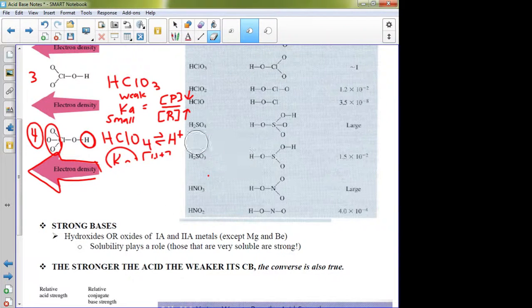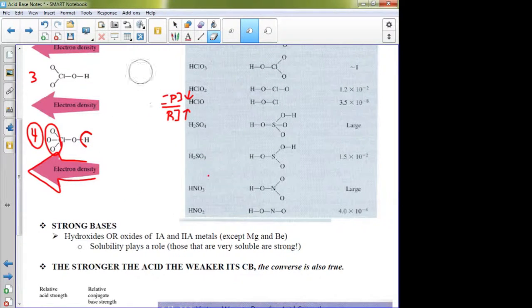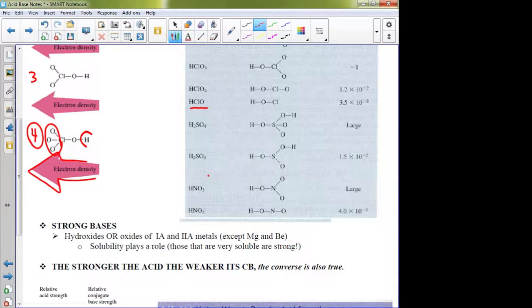I'm going to erase this right quick so we can do the chart now, because I wrote all over my board. So if we look at this, let's look at your HClO. Look at the Ka value of your HClO. It's a very what number? Small. So that lets me know that HClO is what kind of acid? Weak.